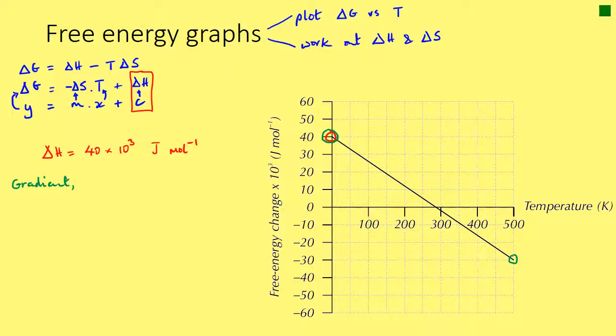Our gradient, which is minus delta S, is going to be this point, which is minus 30,000, minus this point here, which is 40,000, so there's our delta Y, divided by our delta X, which is going to be our 500 Kelvin, take our 0 Kelvin.